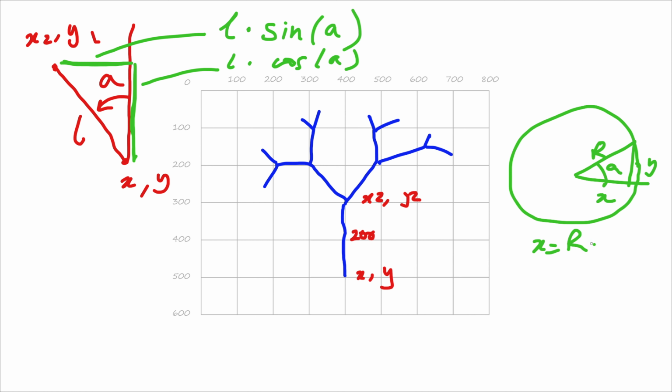Radius times the cosine of A, and we said that y equals the radius times the sine of A. So we've done that before, and all we've done now is taken that picture and rotated it a bit so that our angle starts from the top and moves anti-clockwise, whereas normally we start from this direction and count that way with the angle.